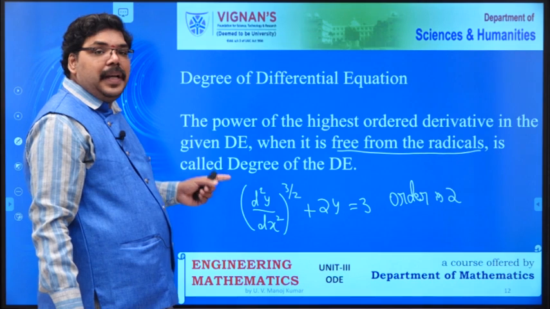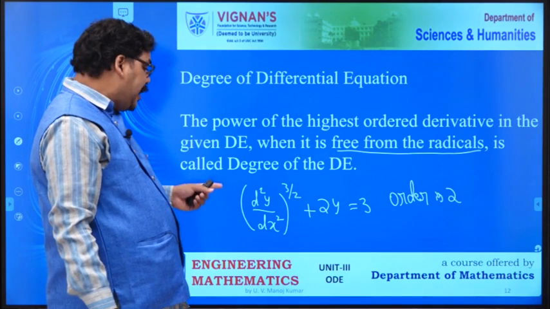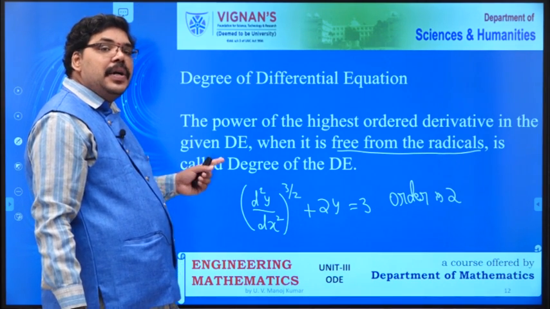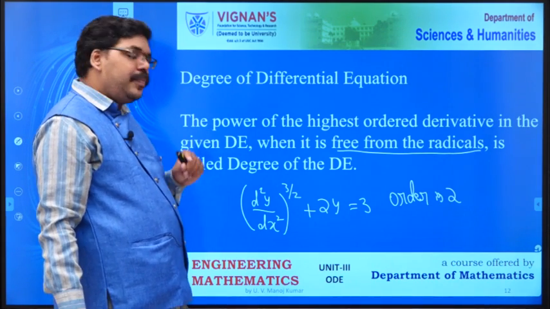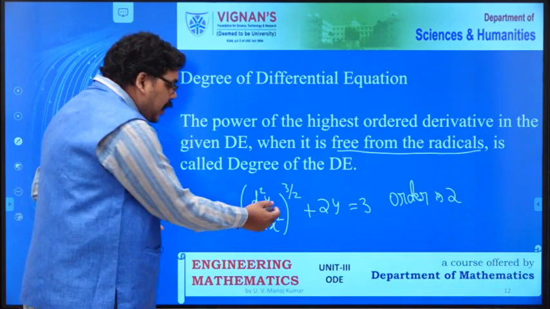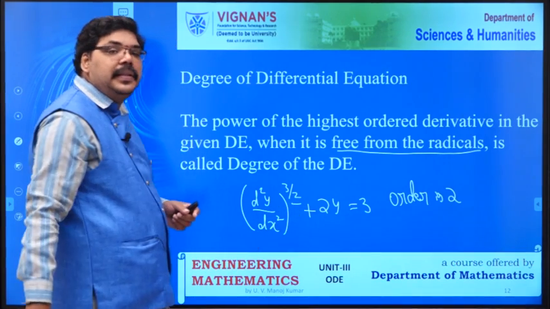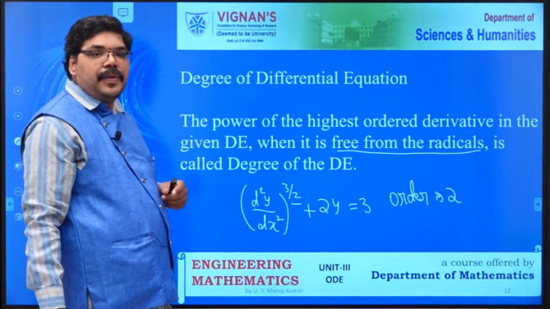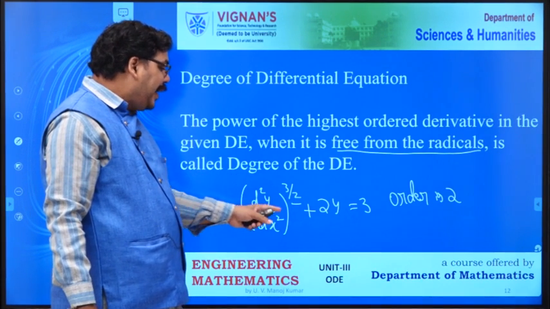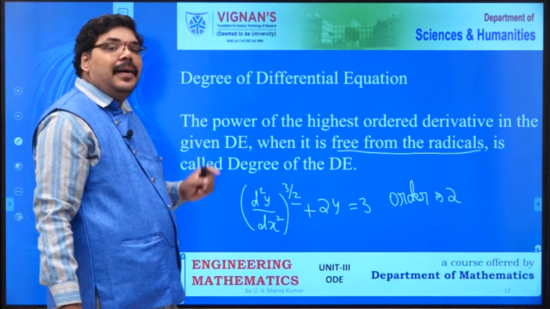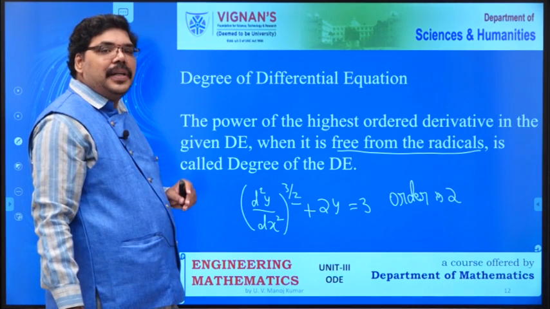When you want to tell me the degree, you should express it in a form free from radicals and fractional powers. If you see, 3 by 2 is a fractional power, so we should make it not a fractional power. How to do that?